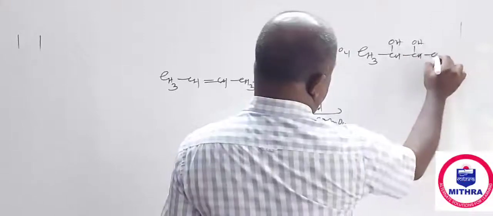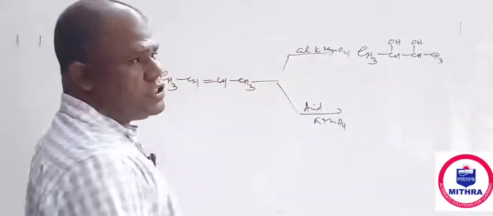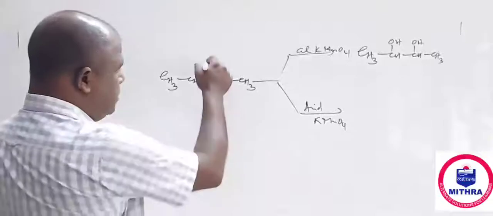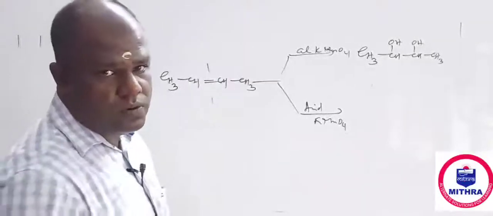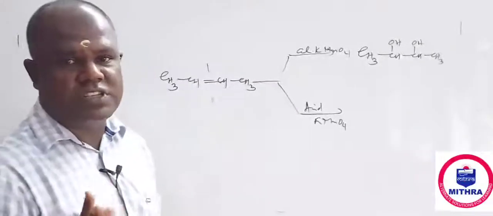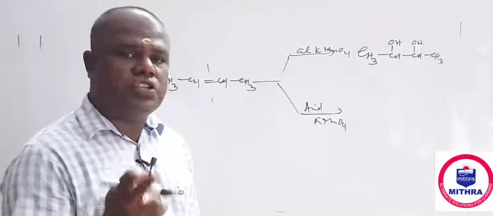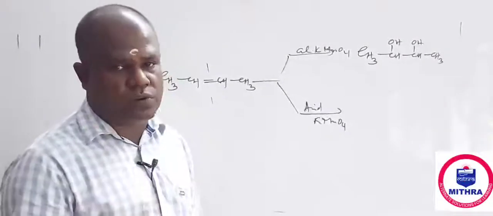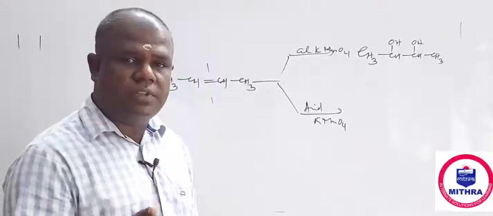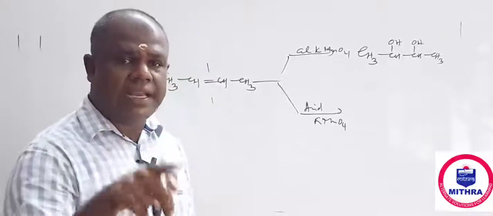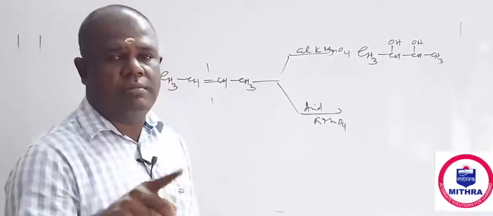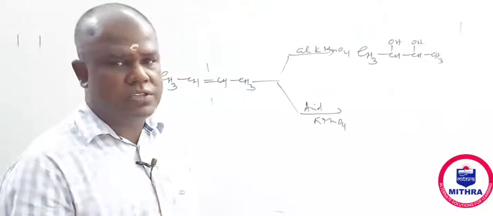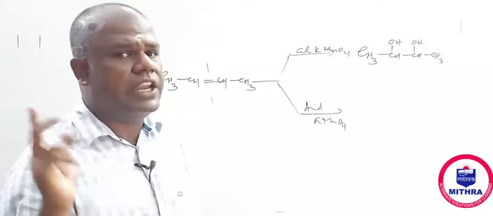CHOH, CH3. But here KMnO4 is a strong oxidation condition, this double bond is totally broken down. There are two options. There is a chance for the formation of a carboxylic acid as well as a ketone. Carboxylic acid is formed from the double bonded carbon containing hydrogen. Suppose double bonded carbon has no hydrogen, it will form a ketone.